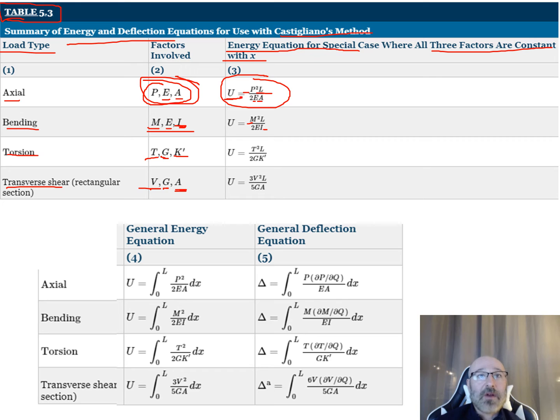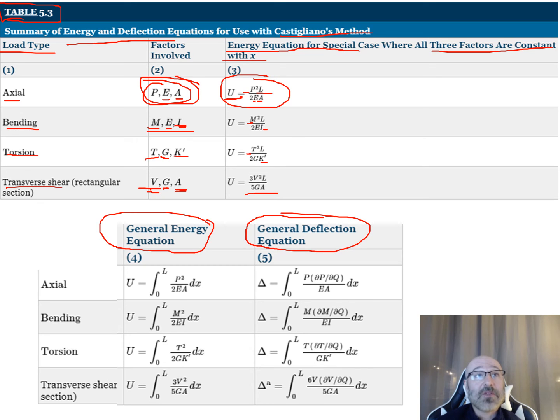For torsion, we have our T value and our K prime value. And for shear, we have our V and our G that we see in those equations. We also have, in the second part of this table down here, our general energy equation and our general deflection equation for each of the axial, bending, torsion, and transverse shear. So this goes back to table 5.3 in our textbook.